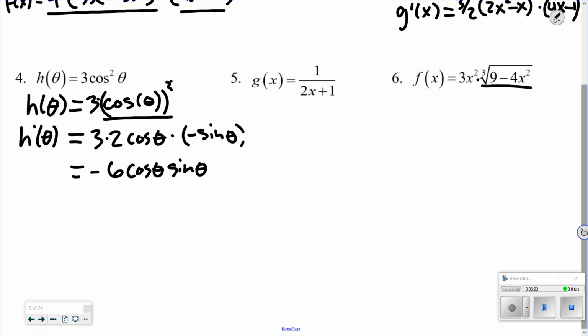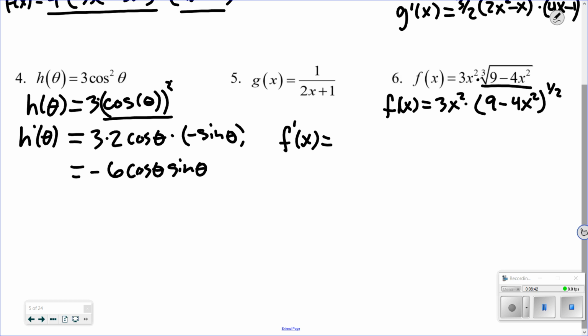So I'm going to write it like this. I'm going to go f of x is equal to 3x squared times 9 minus 4x squared to the 1/2. Okay, so I'm going to do the product rule. F prime of x equals the first, 3x squared, times the derivative of the second. When I go to take the derivative of that, I'm going to have to do the chain rule.